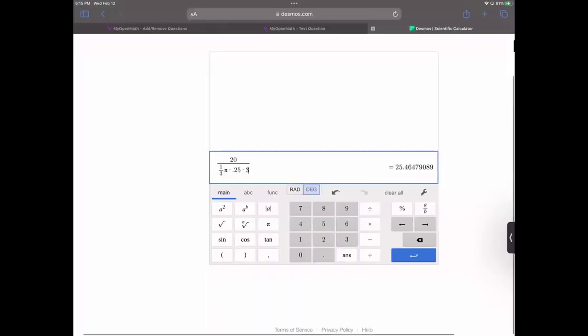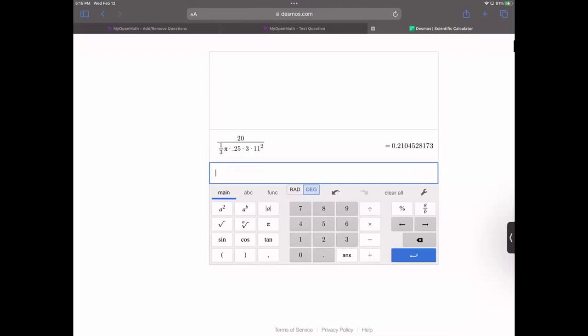Boom, we're there. There we go. 0.21045.